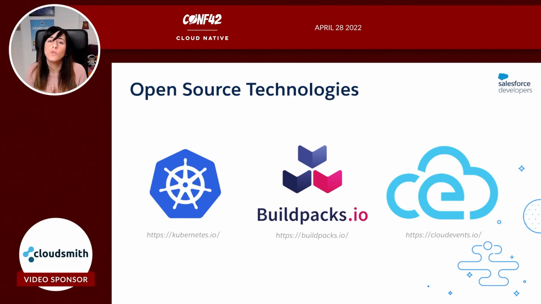We are also using Cloud Native Buildpacks. Cloud Native Buildpacks is a technology that allows you to transform your application source code into a containerized application that then can run in any cloud, in our case, the Kubernetes infrastructure.